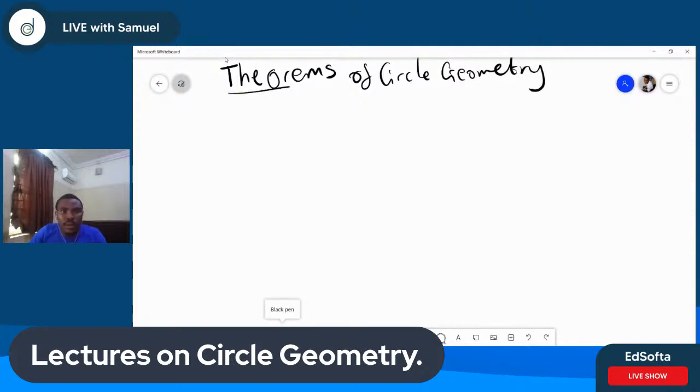The first theorem we'll be looking at is the straight line joining.